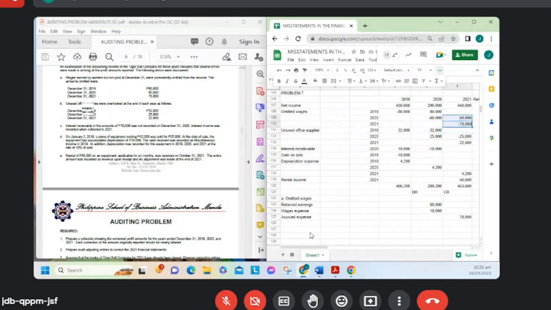Wages expense, Retained earnings, the 60,000, and then 78,000, that's supposedly the amount of accrual in 2021. Okay? Accrued expense. For letter B, unused supplies.